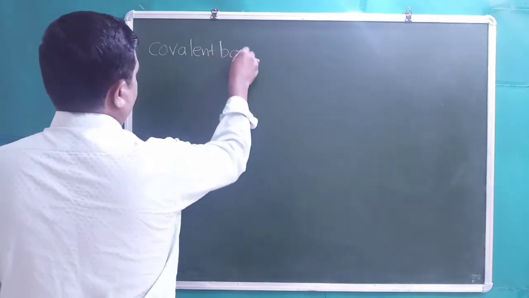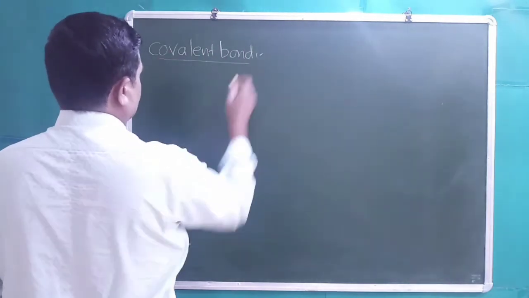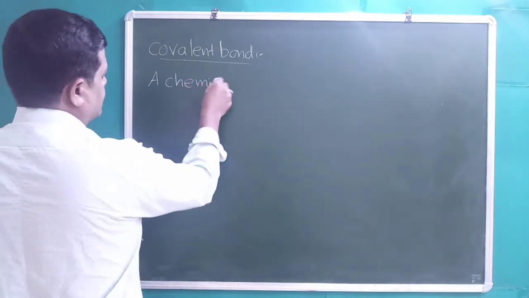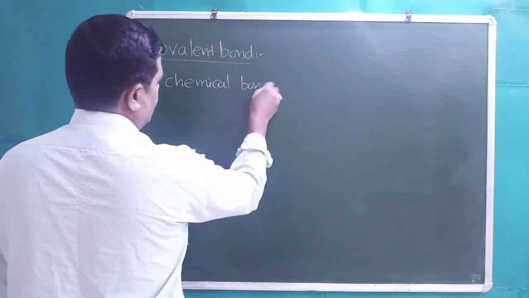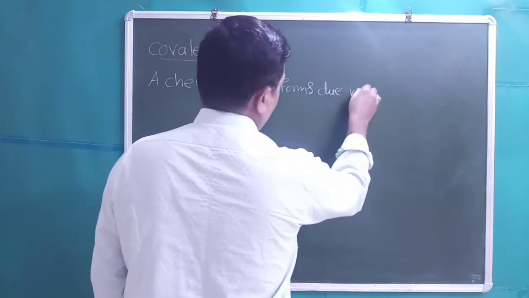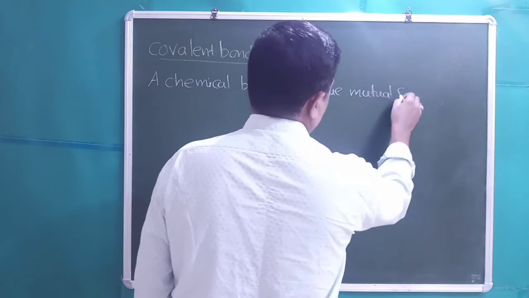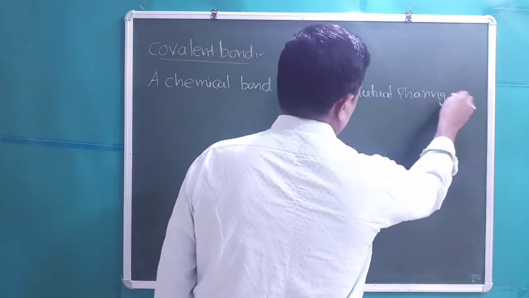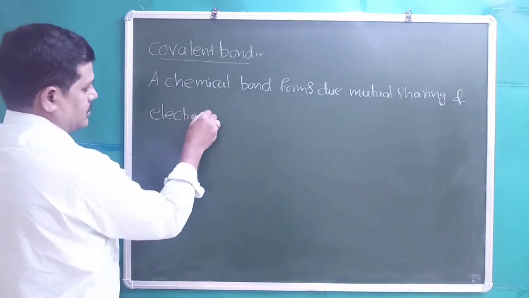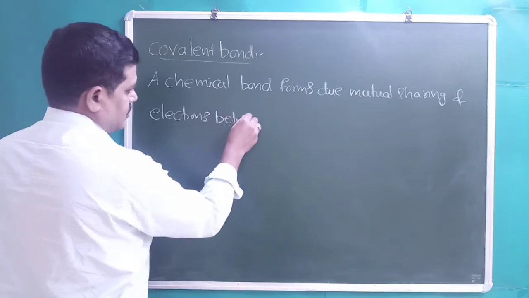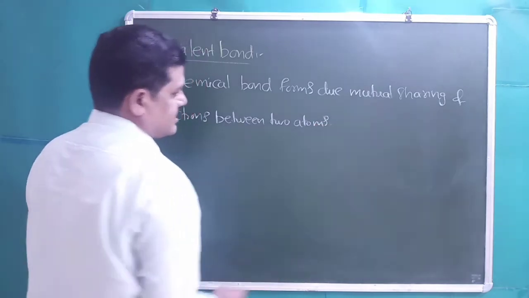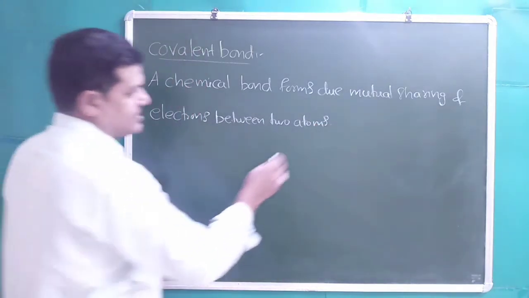Covalent bond: a chemical bond formed due to mutual sharing of electrons between two atoms.